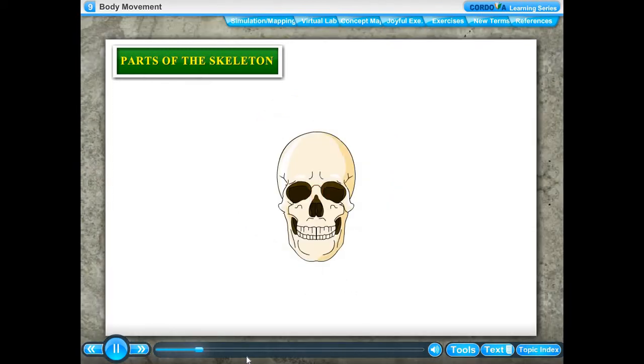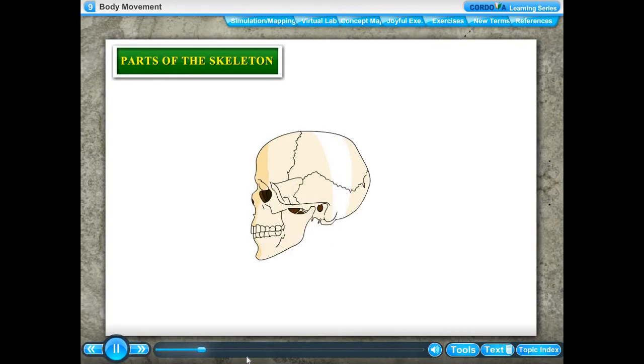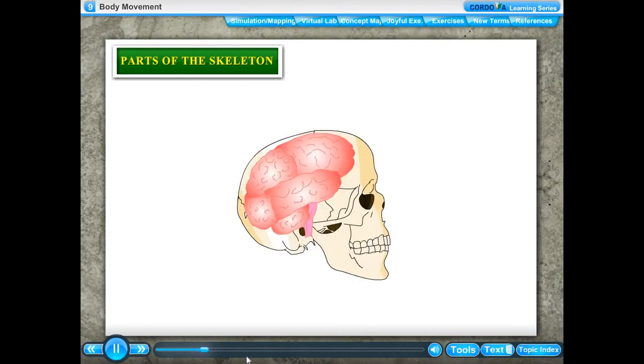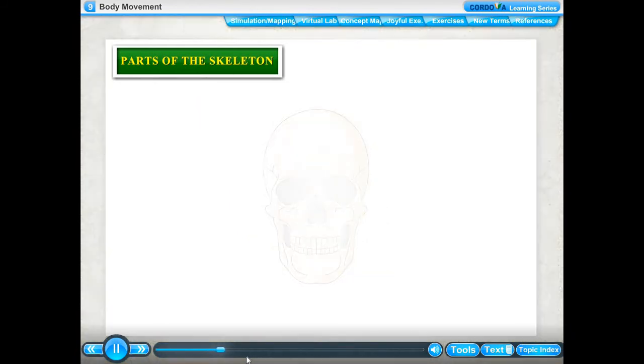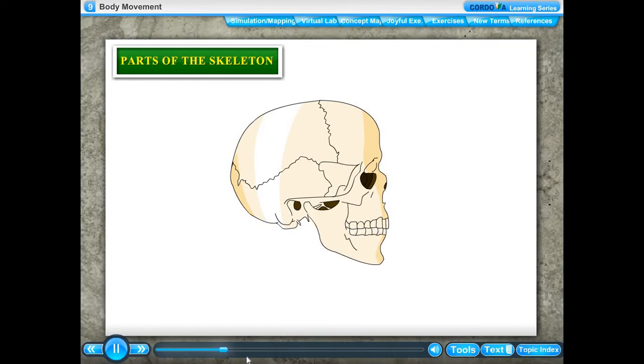It is made up of 8 flat bones joined together. The brain box encloses the delicate brain inside it. It protects the brain from injury and shocks. Our face is made up of 14 bones. The lower jaw is the only bone in the skull which is movable. It enables us to chew our food and speak.